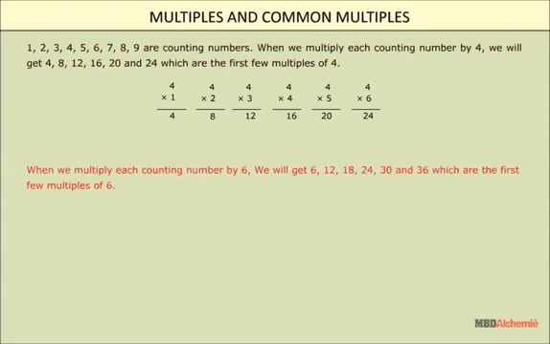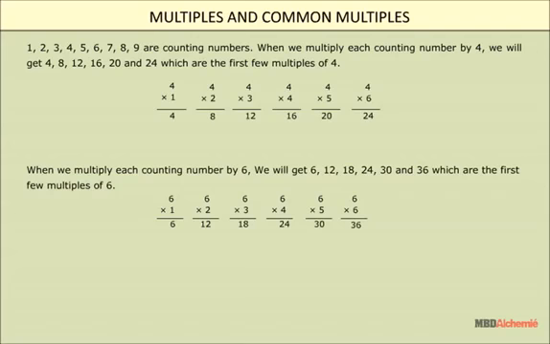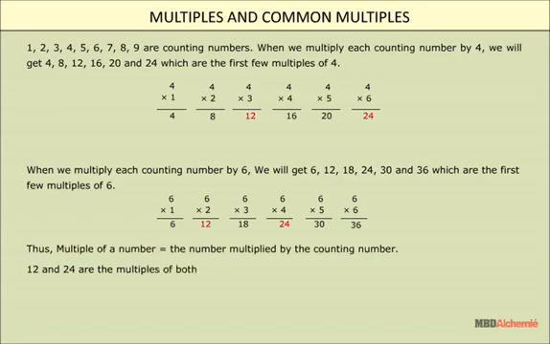When we multiply each counting number by 6, we get 6, 12, 18, 24, 30 and 36, which are the first few multiples of 6. Thus, a multiple of a number is equal to the number multiplied by a counting number. 12 and 24 are multiples of both 4 and 6. They are called common multiples.